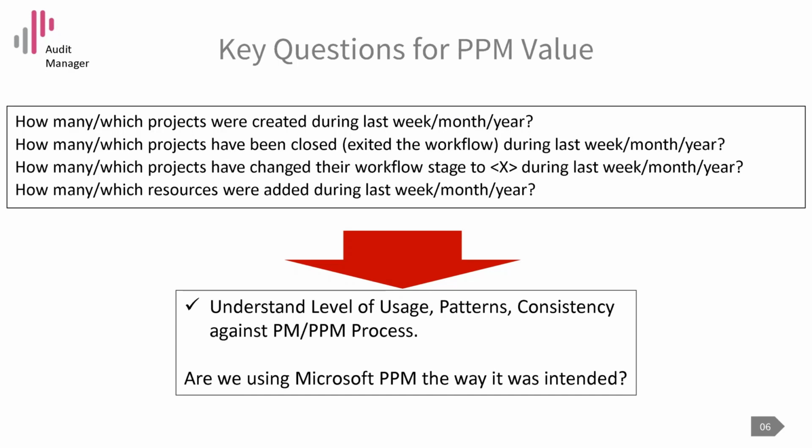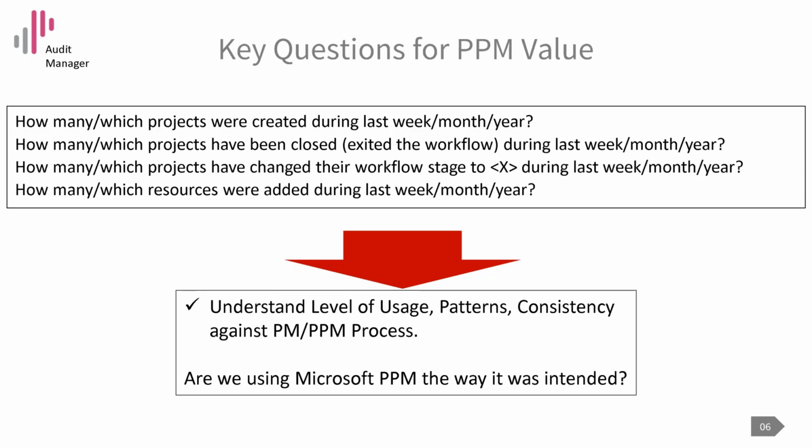In addition to that, we have some additional questions that might be of value to you. They have to do with the source of value in the system, and this is where Audit Manager can help. The first has to do with the number of projects that have been created during a week, month, or year.